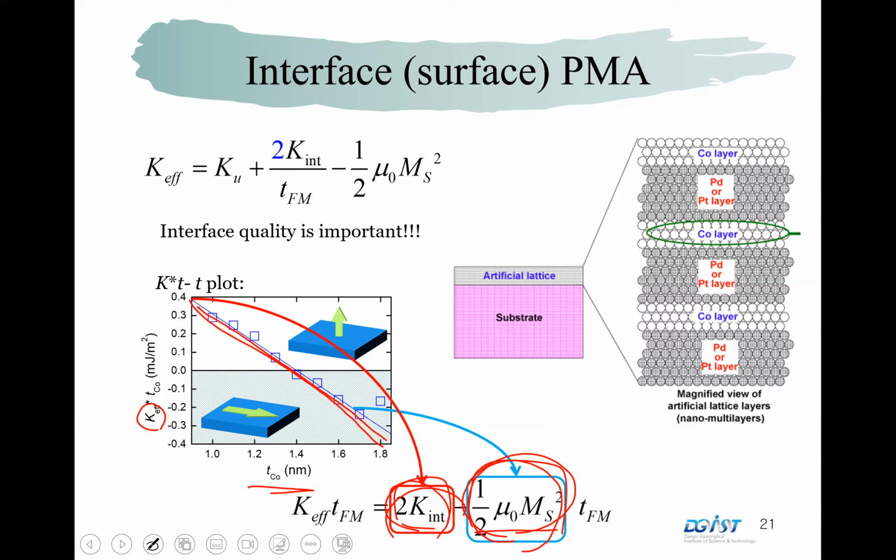You can separate the measured value into these two physical terms, which are important for understanding the ferromagnetic films. This is what you call the KTT plot, because we have a T here and K multiplied by T on the left-hand side. So to understand the PMA for this film structure, we always need this one.